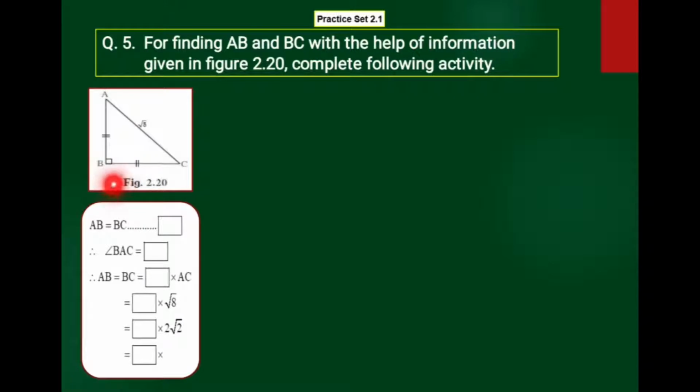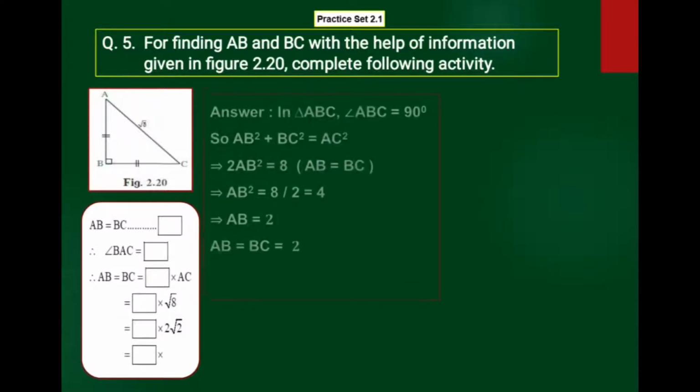One angle is 90, so angle A must be 45 and angle C must be 45. So from that we write angle BAC equals 45 here. Now this activity can be solved by two methods: by using the Pythagoras theorem, and by using the 45-45-90 degree theorem.